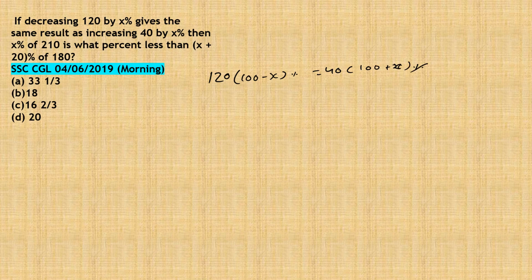Cancel the percentage. 300 minus 3x is equal to 100 plus x, that is 3x plus x. 4x is equal to 300 minus 100, 200. That implies x denotes 50%.